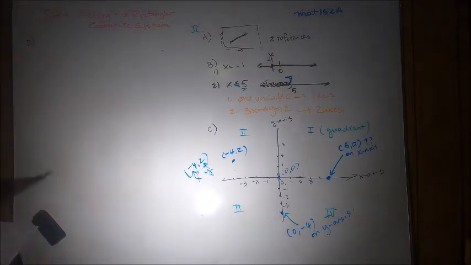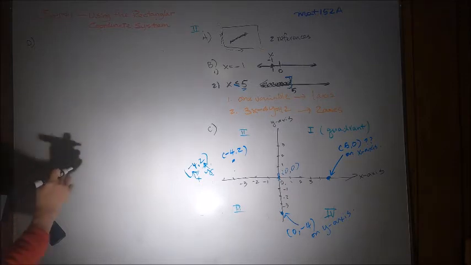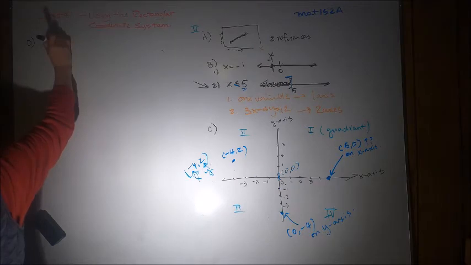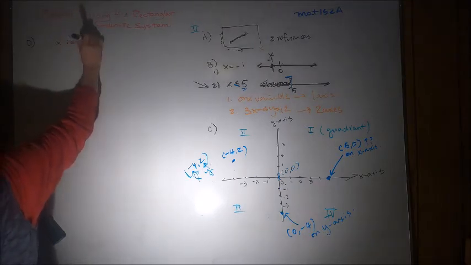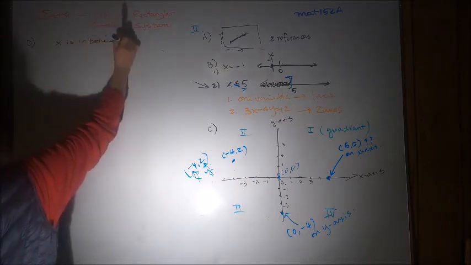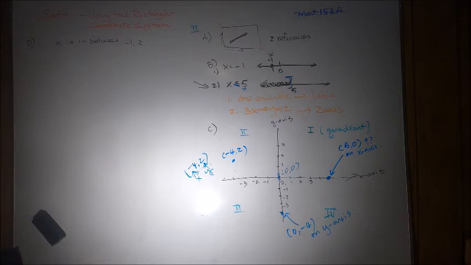Another thing we need to remind you is this. We just did it earlier when we did the inequalities. Say if X is in between -1 and 2, how should we show it?